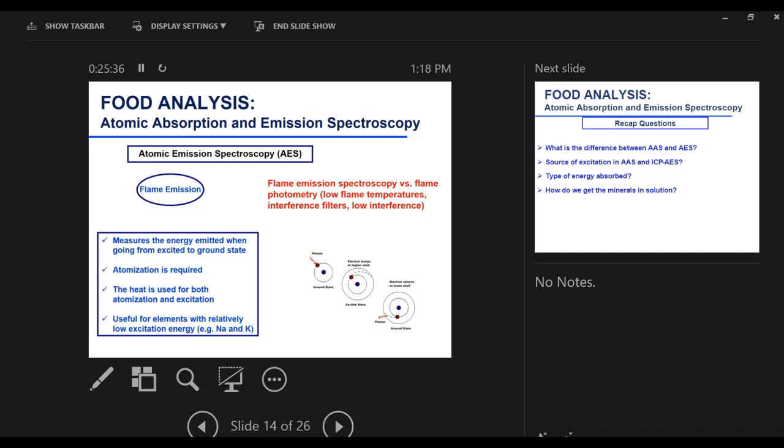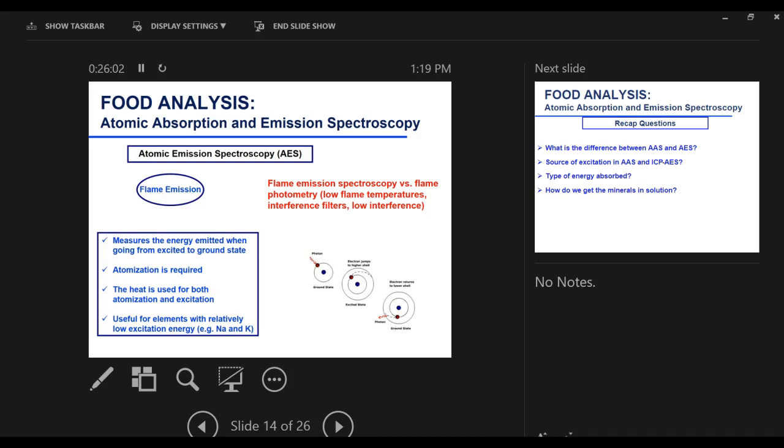So it has the same system as an atomic absorption would have, but you are measuring the light that is emitted. And when atomization is required, so you still need to break your molecules into atoms in a gaseous state. But the difference here is you don't have a lamp. The heat is used for both atomization and excitation.